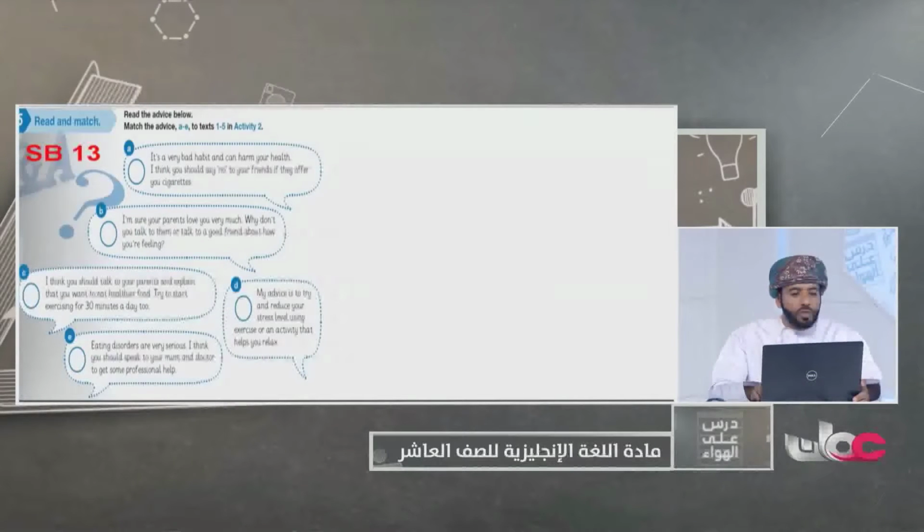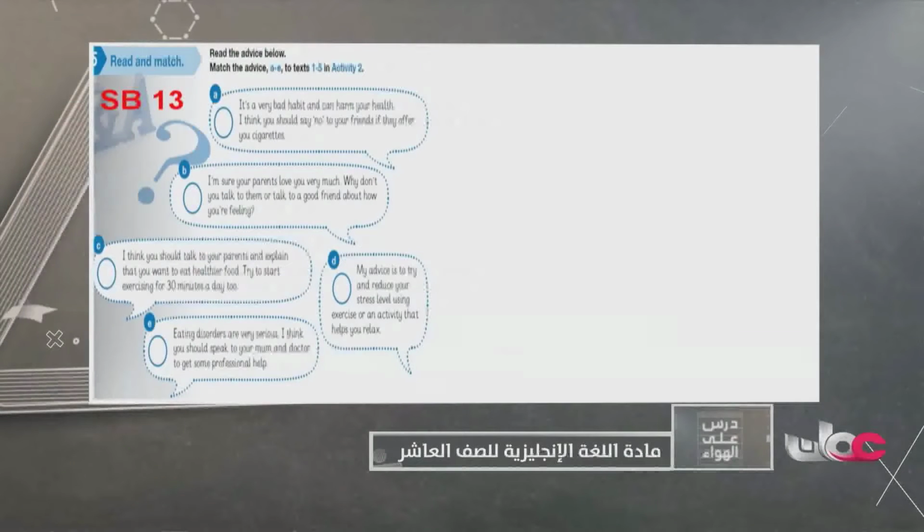This is a very good activity, and we have in this activity pieces of advice from A to E. And what did the question say? Read the advice below, then match the advice A to E to text from 1 to 5.